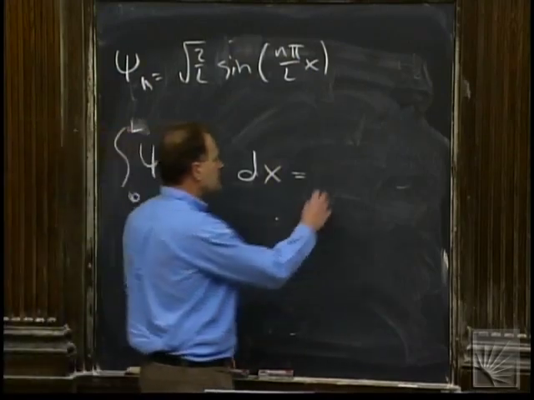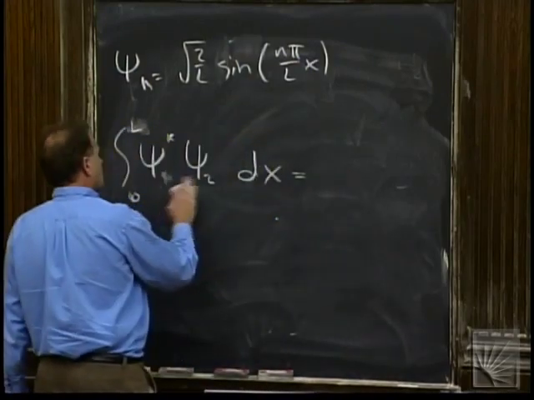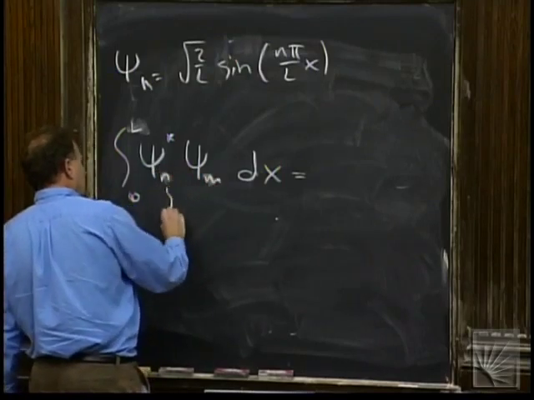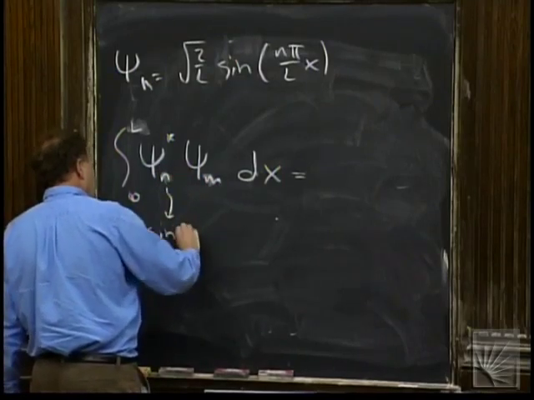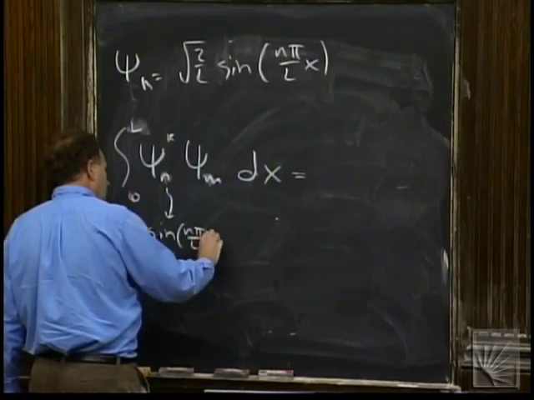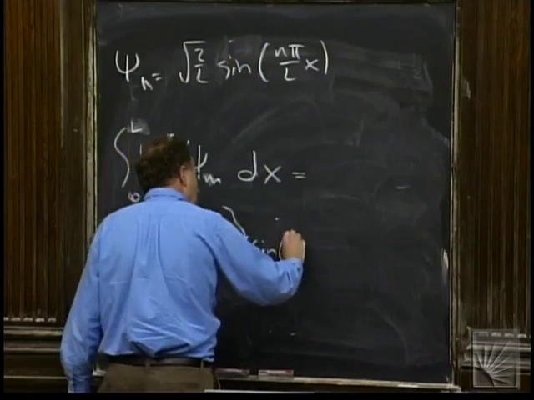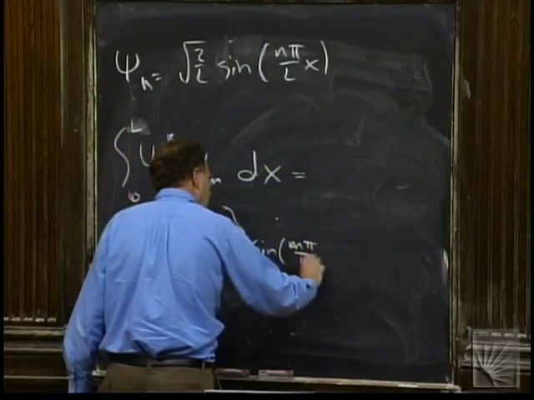In fact, let me do it a little differently. I shouldn't have put 1 and 2. I should put n and m, i.e. this was sine n pi over L x, and that was sine m pi over L x.